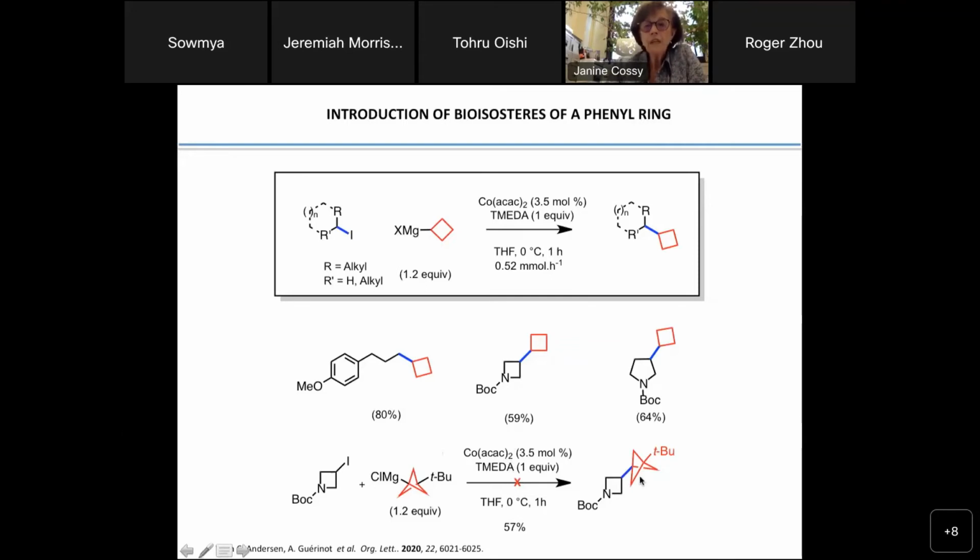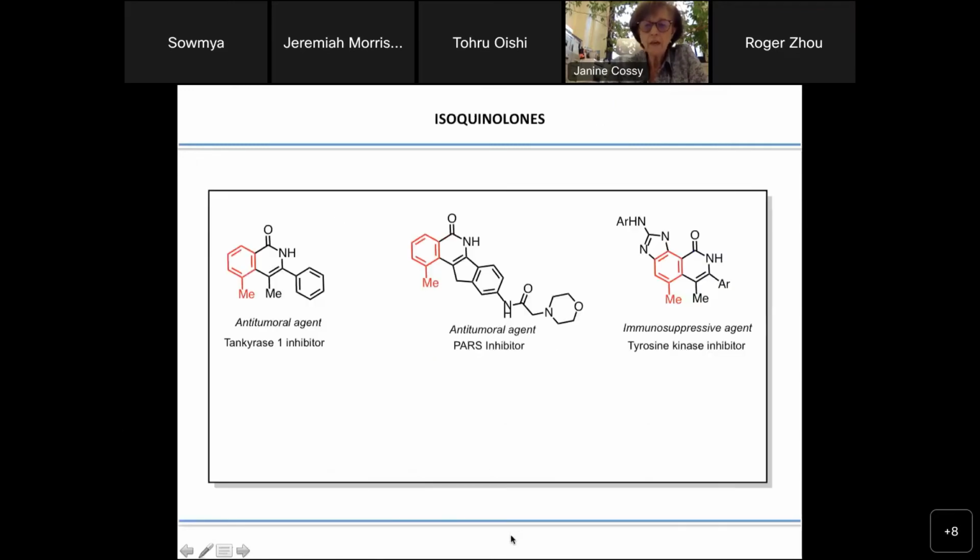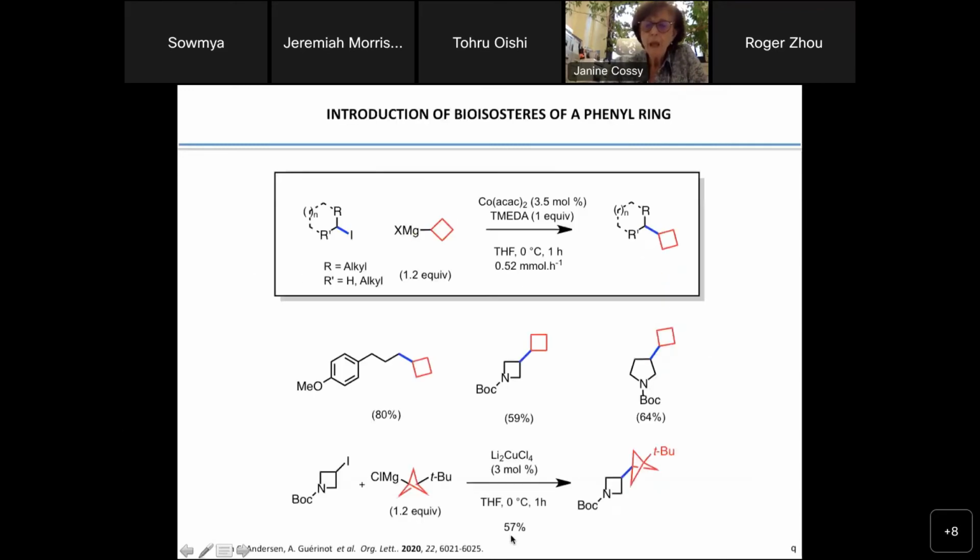Well, screen other transition metals. And after screening, we saw that we can get the formation of this coupling product from this iodoacetylene and this bicyclopentane by using lithium cobalt tetrachloride in THF, and under this condition, you get a yield of 57%. So, I mean, we can introduce different strained rings.